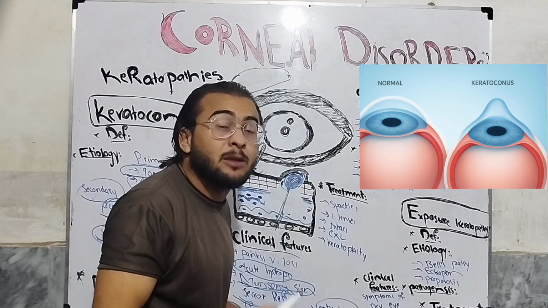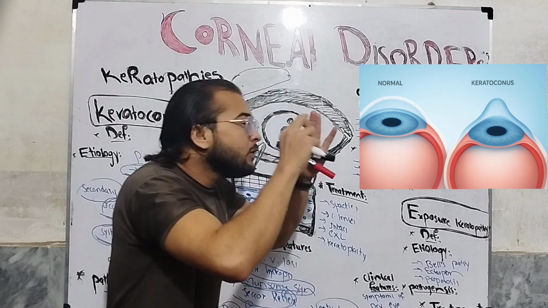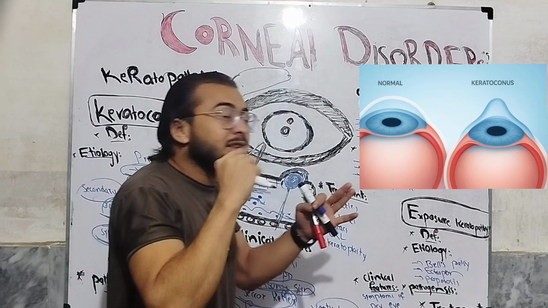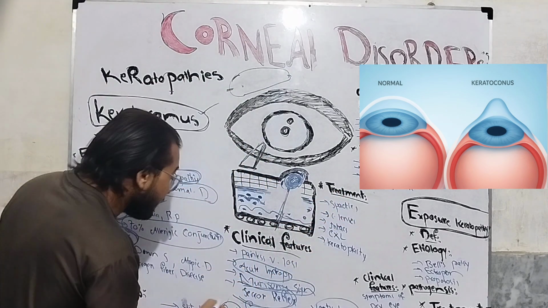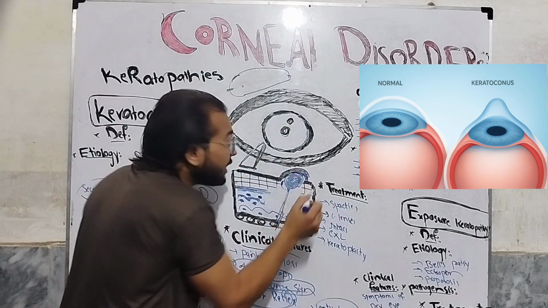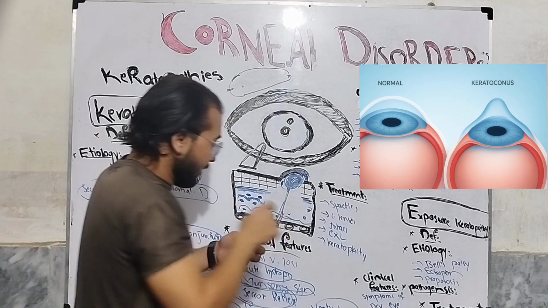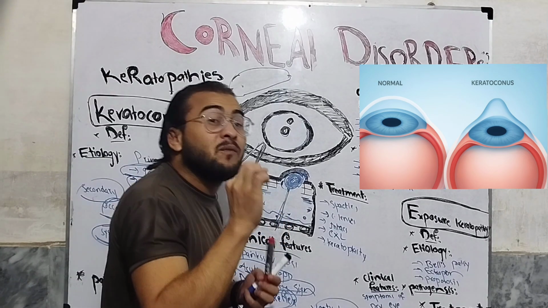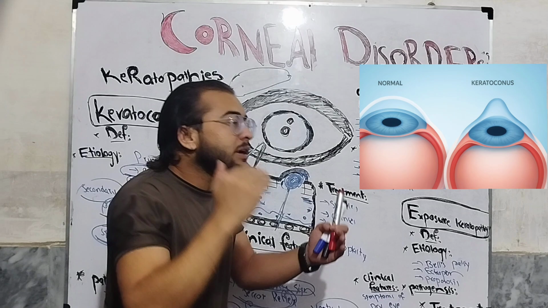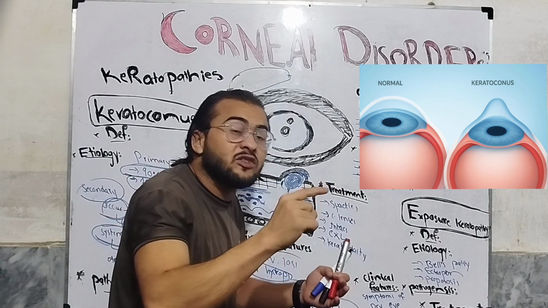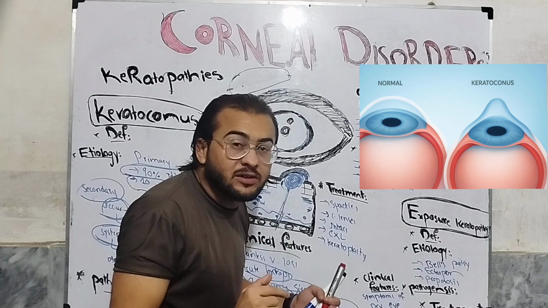Retinoscopy will give us a scissor reflex, and when we take a look through the slit lamp, there are other signs. As there is a bulging cornea, plus there is a ring called the Fleischer ring. As we discussed previously in Wilson disease, the deposition of copper in the Descemet membrane is called the Kayser-Fleischer ring.